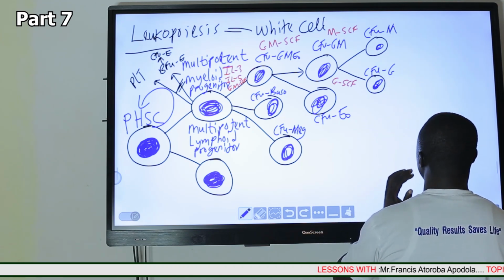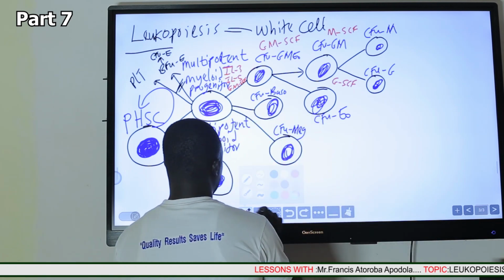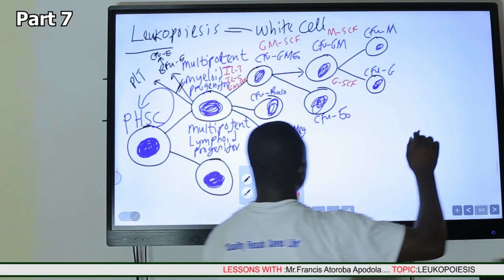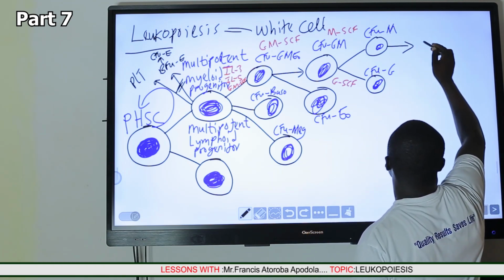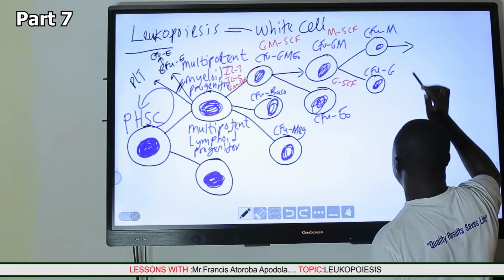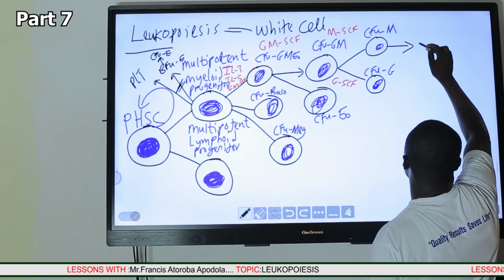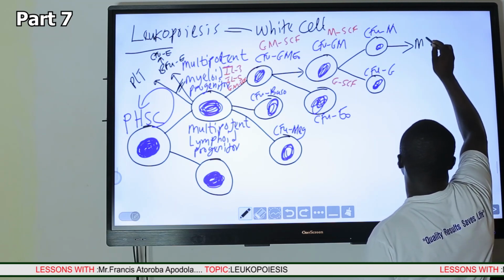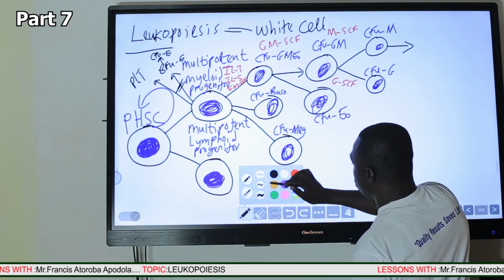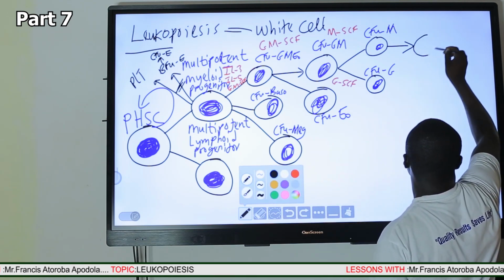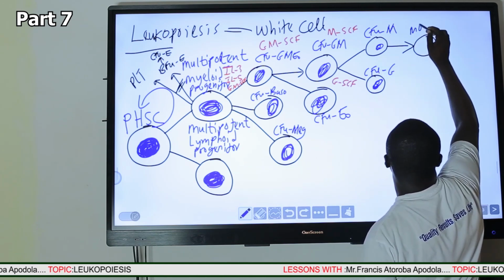So from the colony forming unit monocyte, the next stage is to form the first precursor cell of the monocytes, and that is called the monoblast.